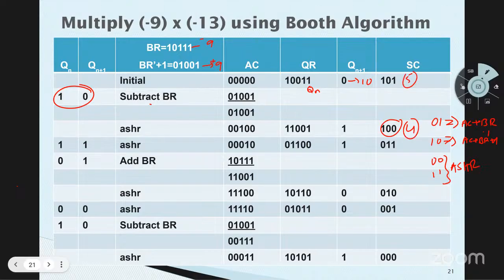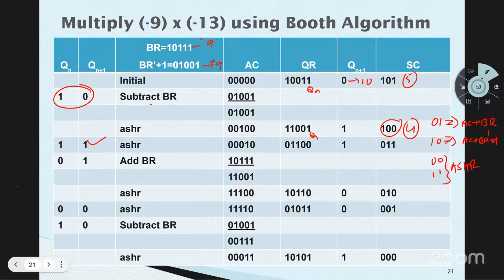Next ఏం చేయాలి? Shift right చేసాం. Shift right చేసిన what is this, this is the QN and this is the QN plus 1. 1 1 అంటే ఆపరేషన్ ఏంటి? Automatic shift right. So here you can shift this, right shift operation.